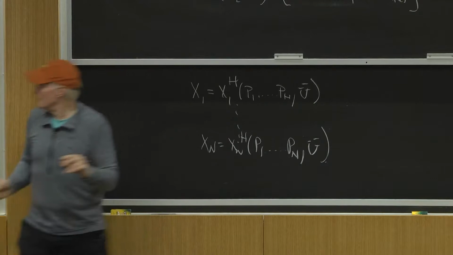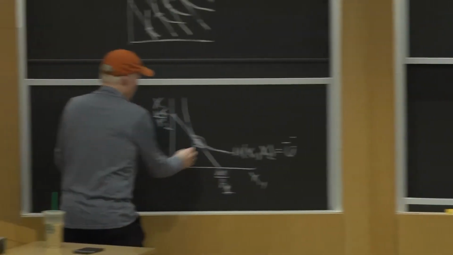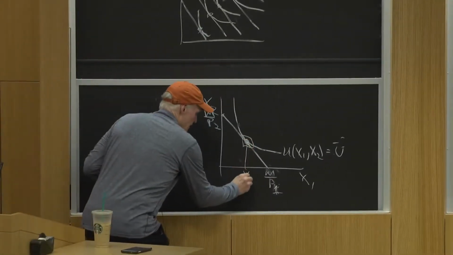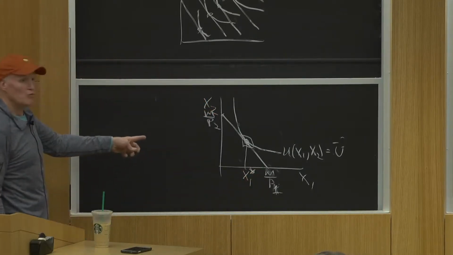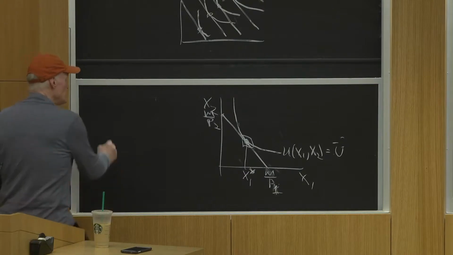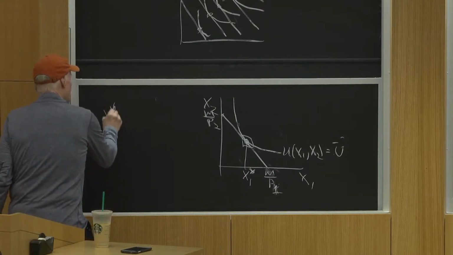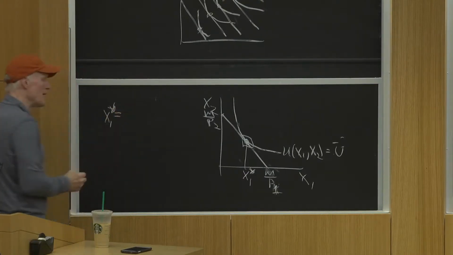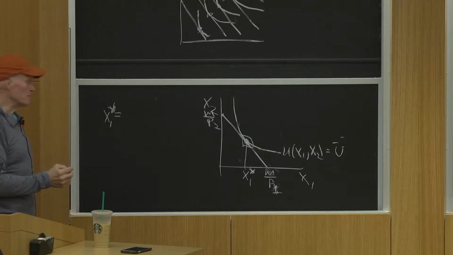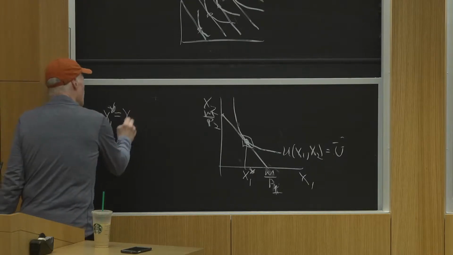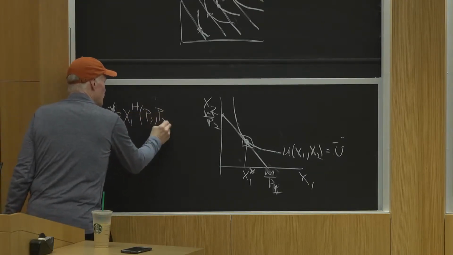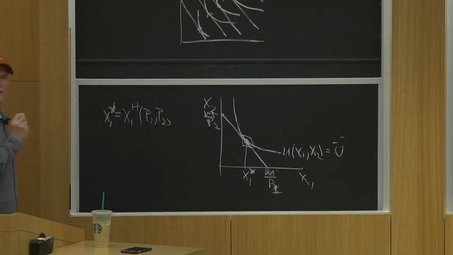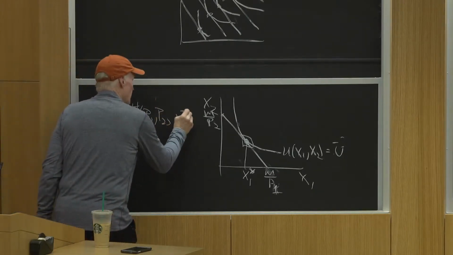Right? So go back to this point. This quantity here, x1 star, that's the equilibrium choice of good 1. x1 star would be equal to what? How could you describe it in terms of the Hicksian system? It would be x1h of p1, p2, and u bar, right?